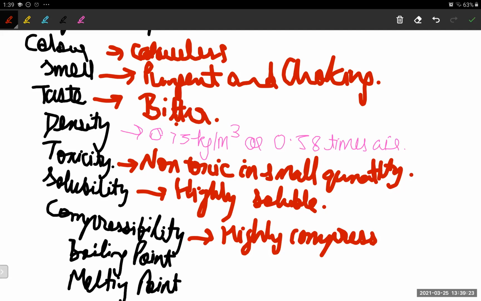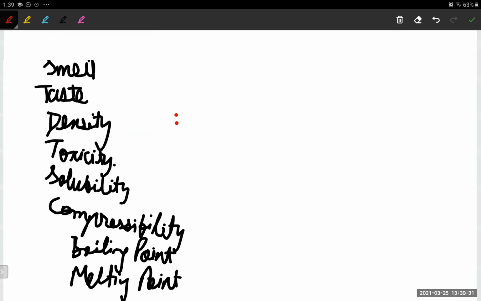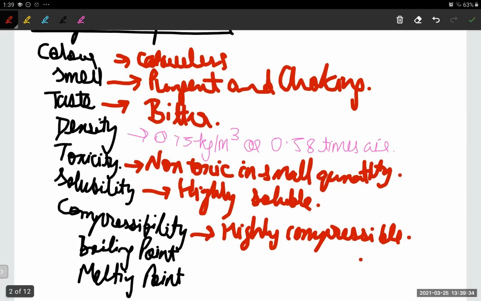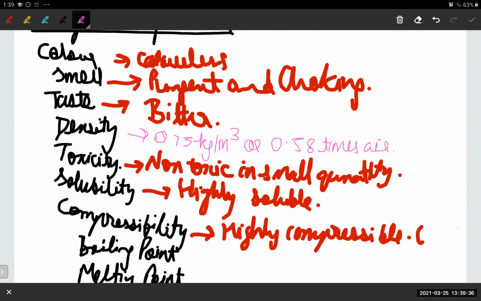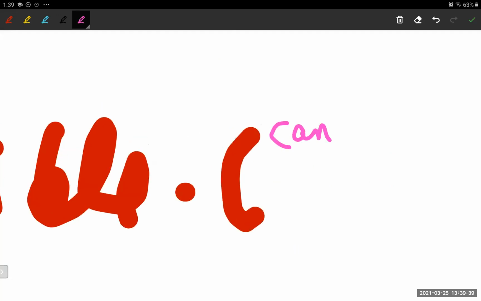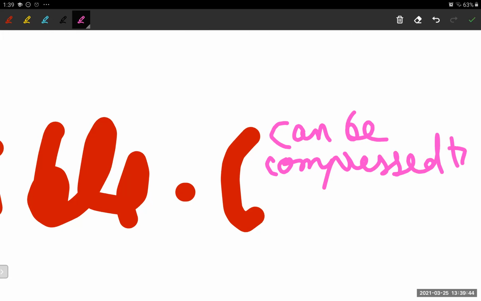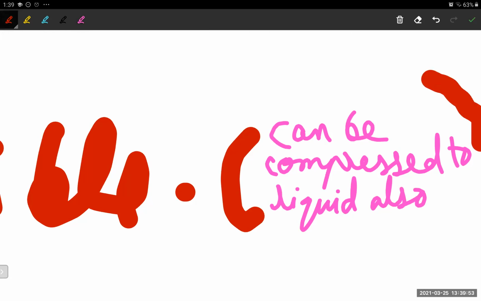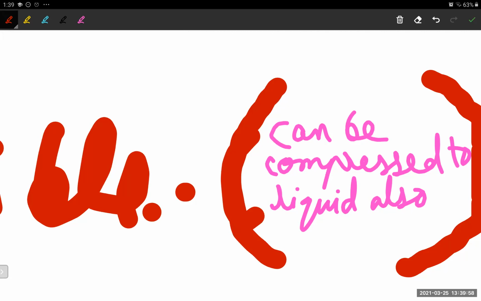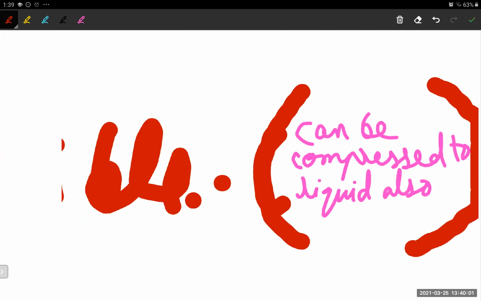Can be compressed to liquid also. Is it clear? Shall we move on to the next point? Okay, let's first talk about what compressibility is.